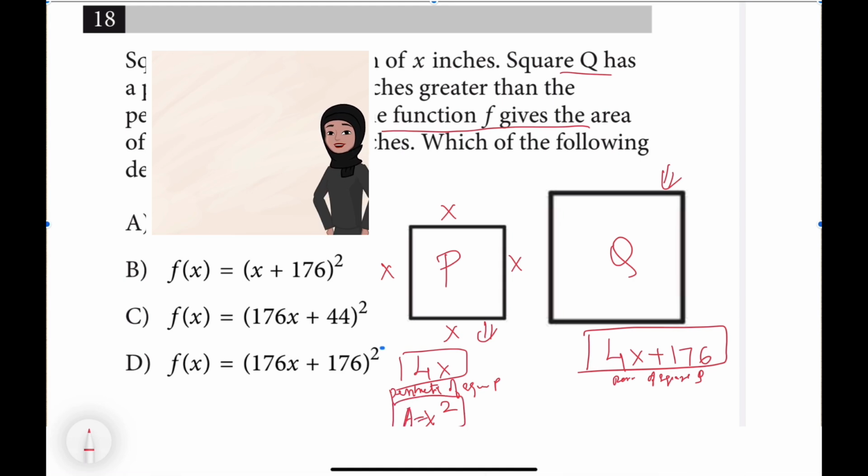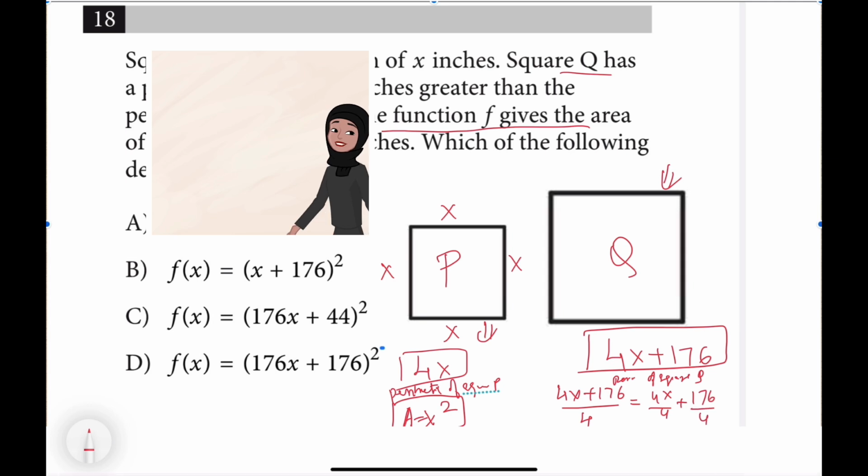But to calculate the area for square Q, we have to find the side length of each of these sides. So what we can do is take this 4x plus 176 and divide it by 4. That will give us the length of each side. Once we know the length of each side of square Q, we can write the function for it. So you have to divide the 4x by 4 and even the 176 by 4.